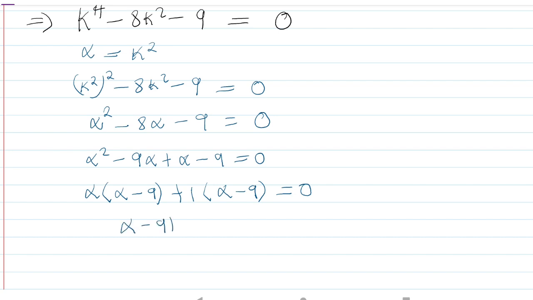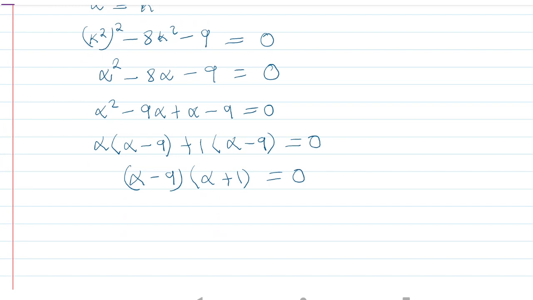So alpha minus 9 is common, I factor it out and remain with alpha plus 1 is equal to 0. So this implies that alpha is equal to 9 or alpha is equal to negative 1.